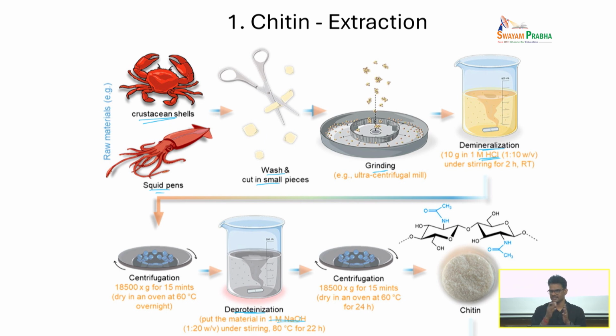So, acid plus alkali treatment, and then again one more round of centrifugation, and the remaining precipitate that you get would be your chitin. As you can see, this has the acetylated amine groups here. So, as you can see, it's a very simple process. It just uses acids and bases to remove the chitin from these crusts.